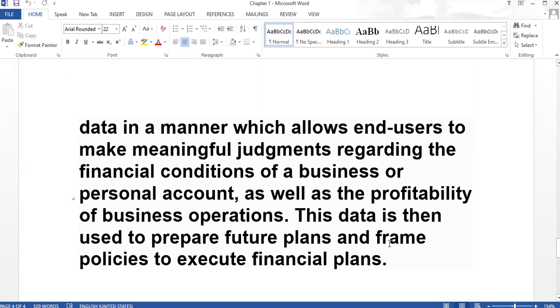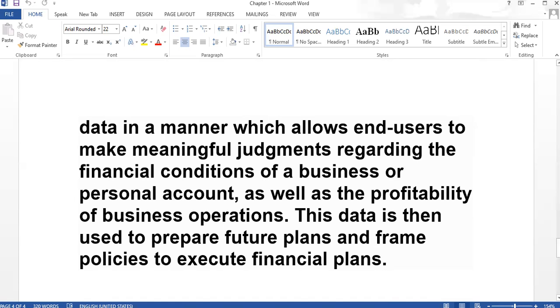So this data is used to prepare future plans and frame policies and execute the financial plan. It will help with future planning like budgeting, organizing, and teamwork. So this financial data helps in the growth of the business.